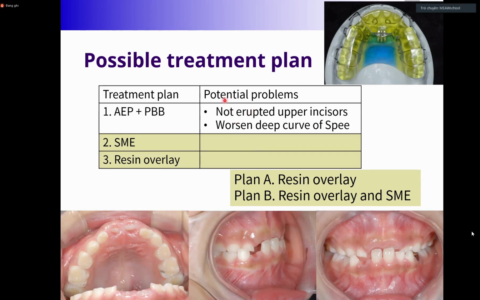However, the main problem is the not yet erupted upper incisor, so it may worsen the deep curve of Spee. Second is SME, slow maxillary expansion. Third, resin overlay. So plan A is I want to insert resin overlay, or resin overlay and SME.